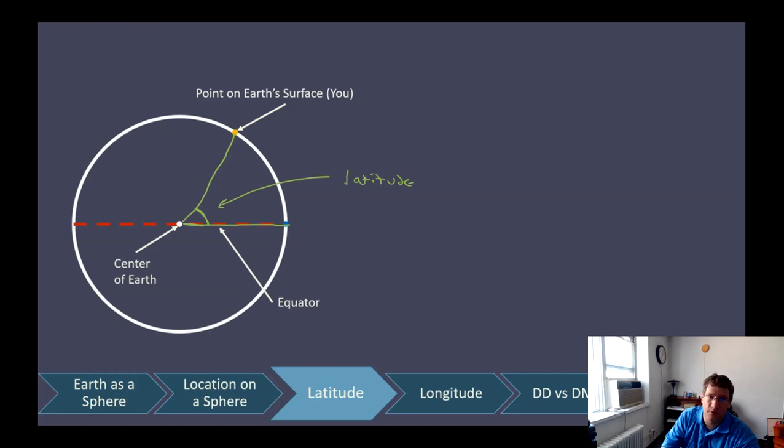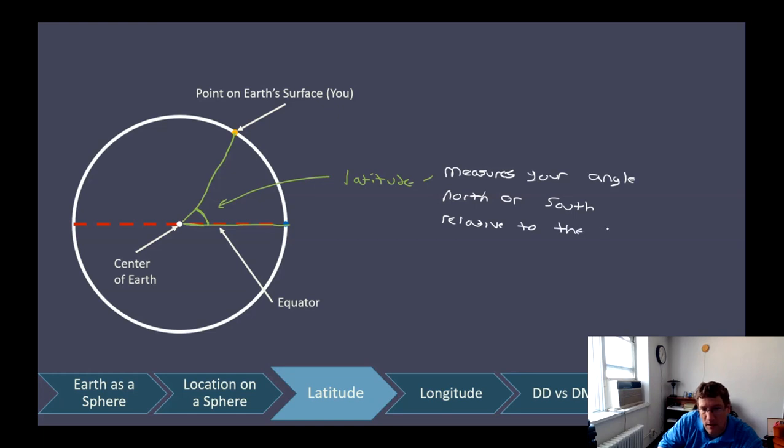Put another way, latitude measures your angle north or south relative to the equator.